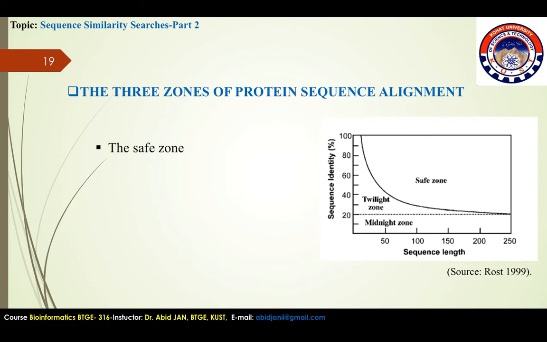Two protein sequences can be regarded as homologous if the percentage sequence identity falls in the safe zone. This is the safe zone, and the value of percent identity must be above 25.